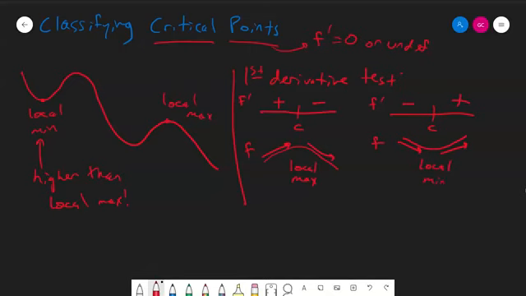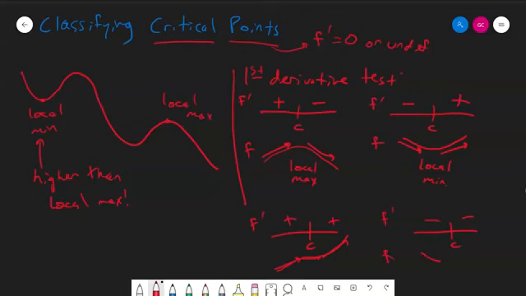But what about the other cases? What if f prime is positive on the left and also positive on the right? That means f was increasing, it briefly leveled out, and then it starts increasing again. So your graph looks something like this, and that's not a maximum or a minimum. Something very similar happens if f prime is negative on both sides.